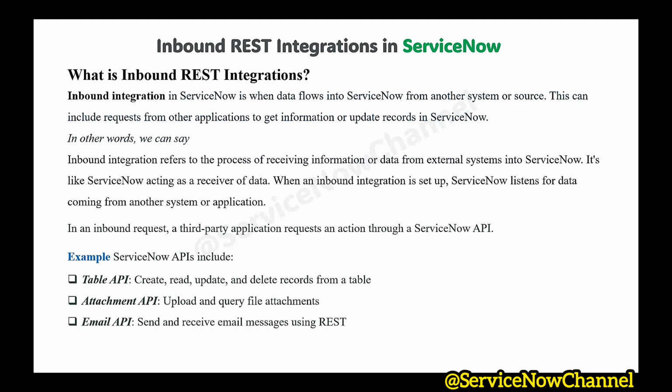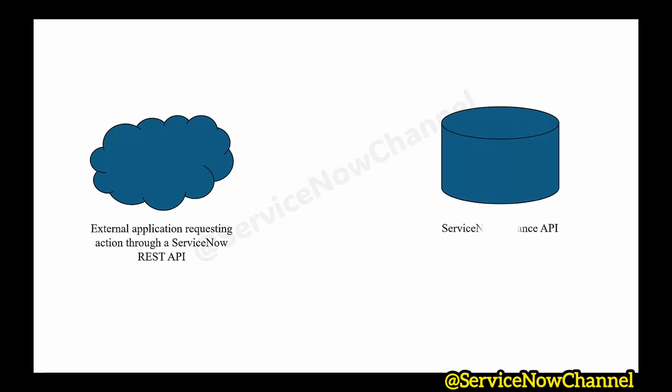Let's go to the next slide. This is the external application, and this is the ServiceNow instance API. We have two objects: the external application and the ServiceNow instance API.